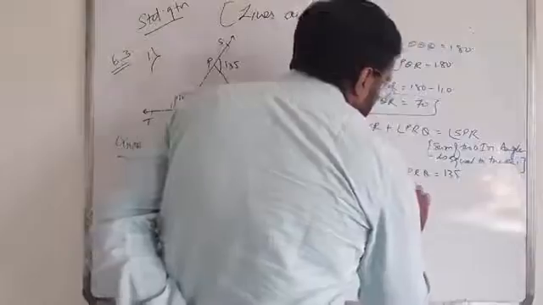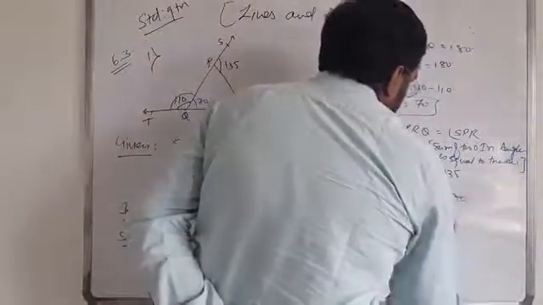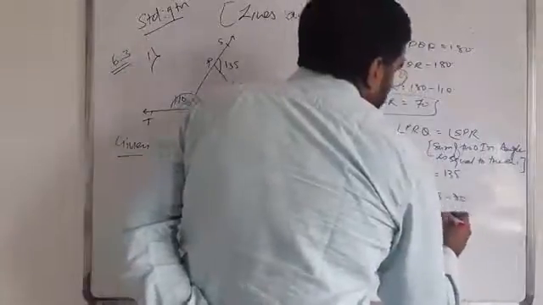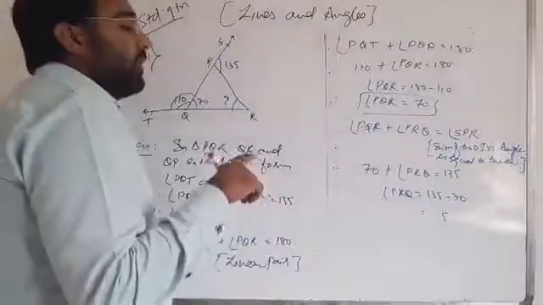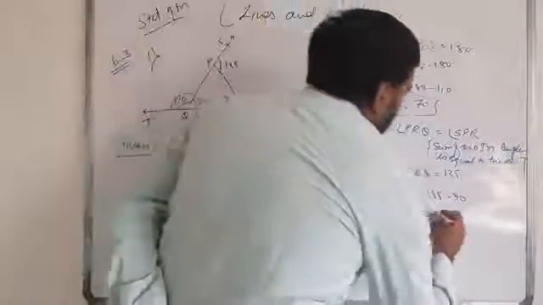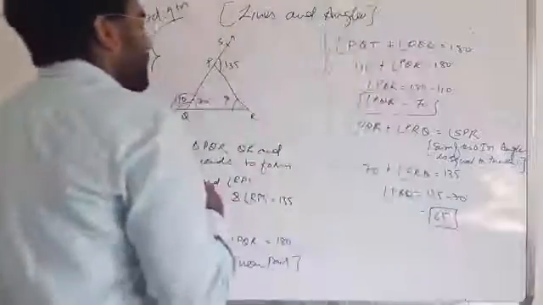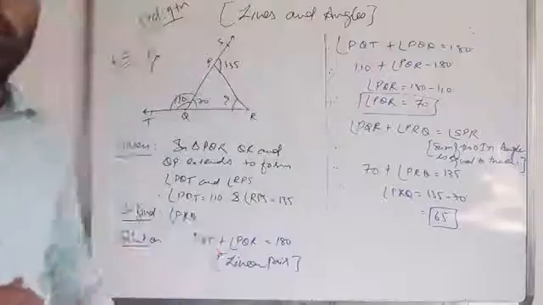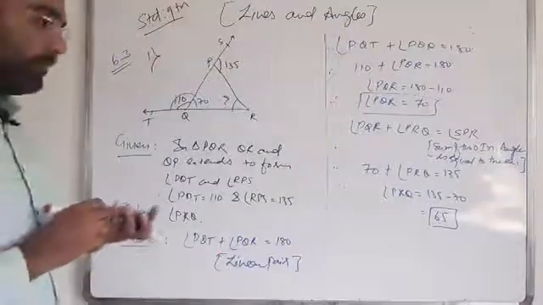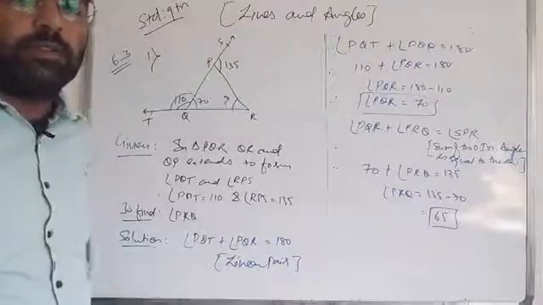So angle PRQ is equal to 135 minus 70, that is 65 degrees. So my angle PRQ is equal to 65 degrees. Clear? Please note this down fast.